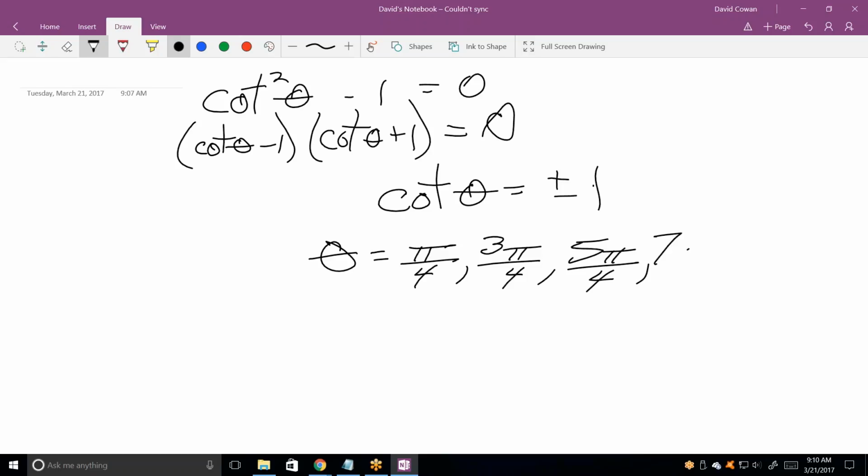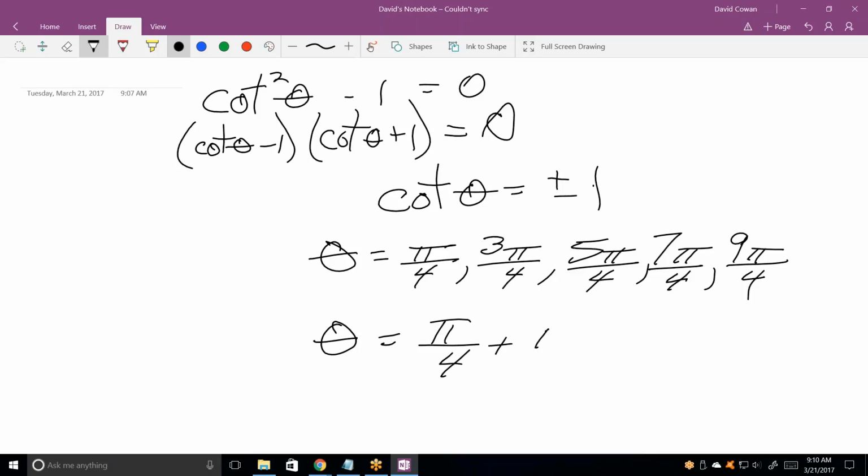Question is, is that enough to assure the sequence? I think we need probably one more. 9 pi over 4. Yeah. Now that is enough. What is it? Pi over 4 plus n pi over 2? Or, yeah.